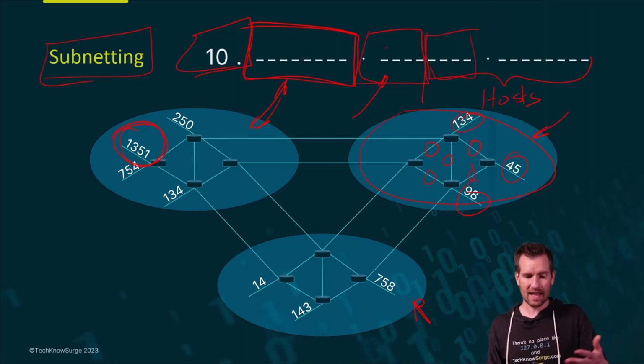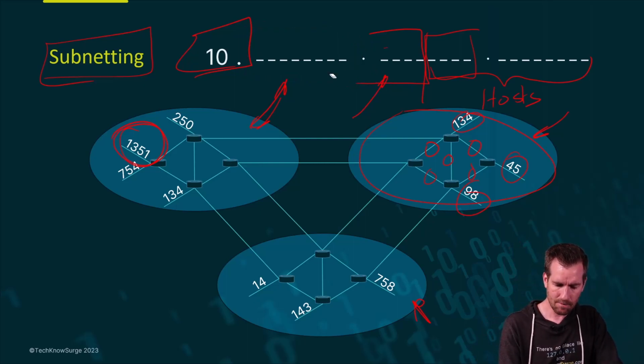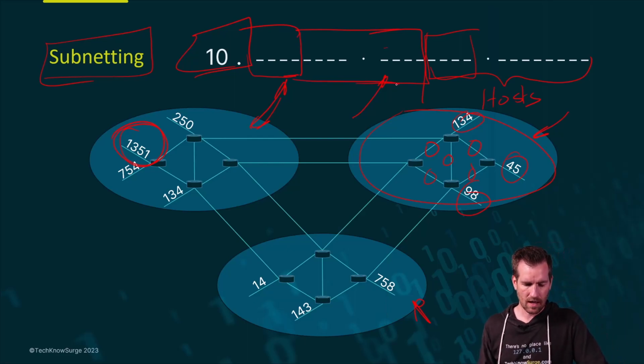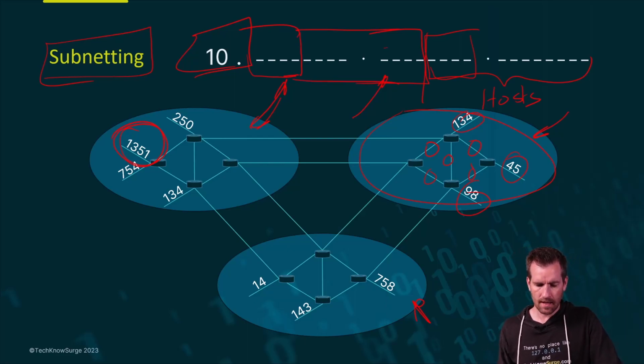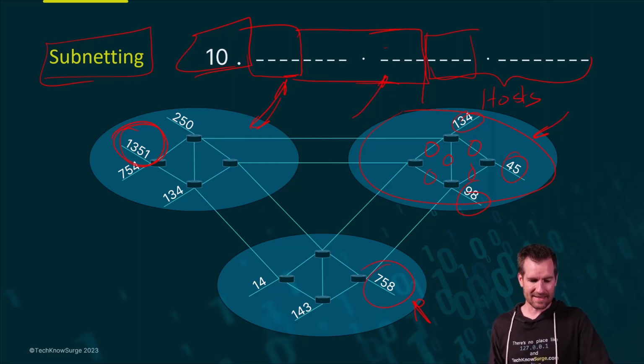If I'm concerned that I would grow and get more sites in the future, maybe I need to borrow. I'm probably not going to have a whole lot of regions, so I'm going to break these bits down into regions, then these bits into the different sites, and then I've got my hosts. Another thing I could throw in here is that maybe each one of these sites now has departments, and I want to separate things out by department.